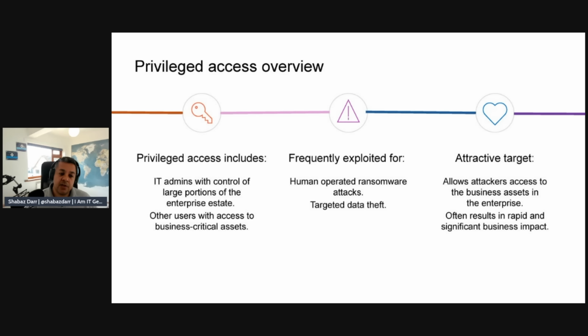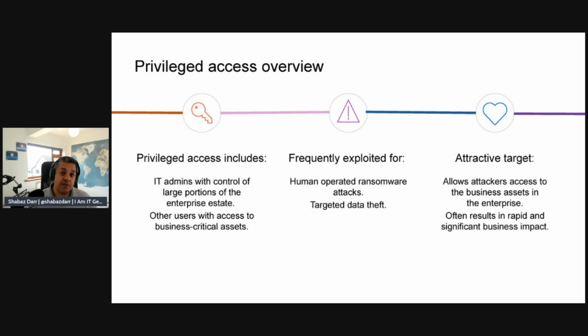Some of the more frequently exploited areas are human operated ransomware attacks and also targeted data theft. It's an attractive target, and it allows attackers to access business assets at the enterprise level with more access.